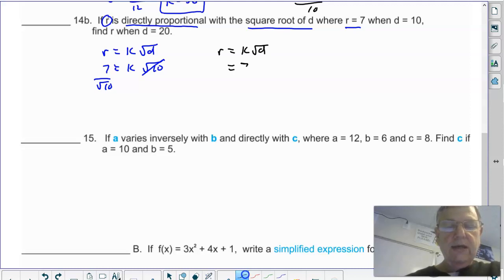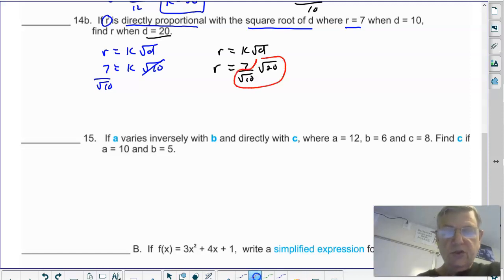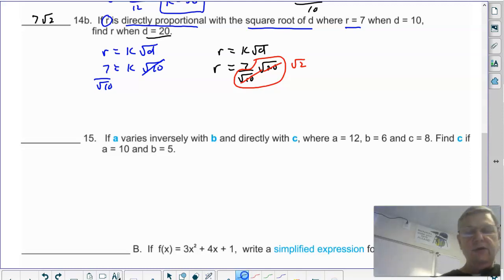Well, we know our k is 7 over the square root of 10. And they told us d is 20, so it's the square root of 20. Don't forget it's the square root of d. And now notice, what's the square root of 20 divided by the square root of 10? It's the square root of 2. So see how I didn't have to worry about it? So it's 7 times the square root of 2.